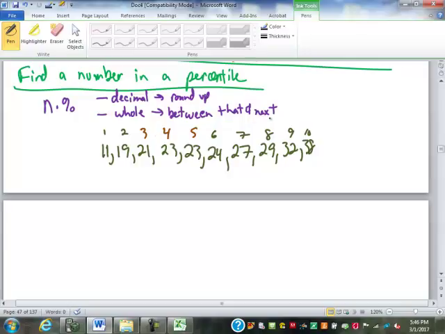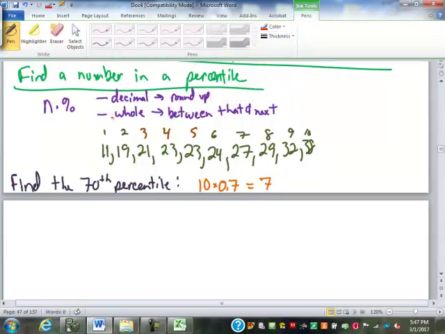Okay. So let's say I want you to find the 70th percentile in this data set. Well, to do that, I'm going to take n, which is 10, times 0.7. That's 70% as a decimal. What's 10 times 0.7? 7, right?